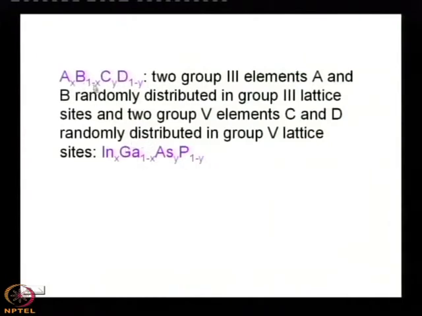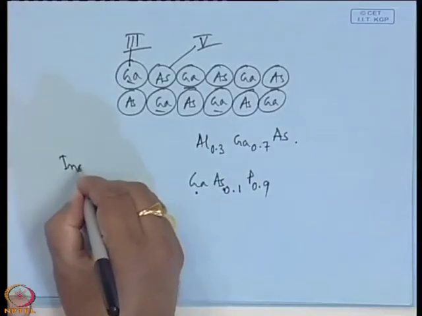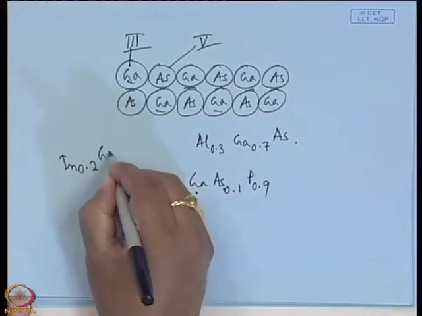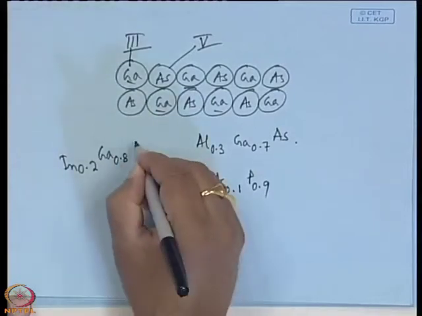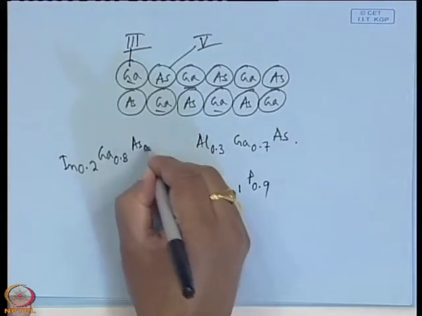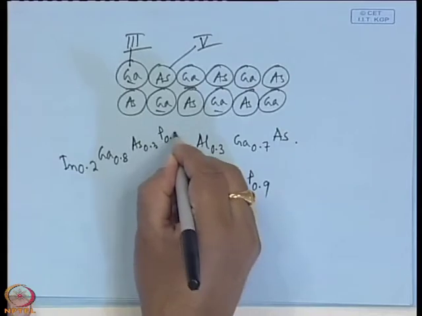A and B are from group 3 and C and D from group 5. So, indium gallium arsenide phosphide, that means say indium 0.2, gallium 0.8, arsenic 0.3, phosphorus 0.7.